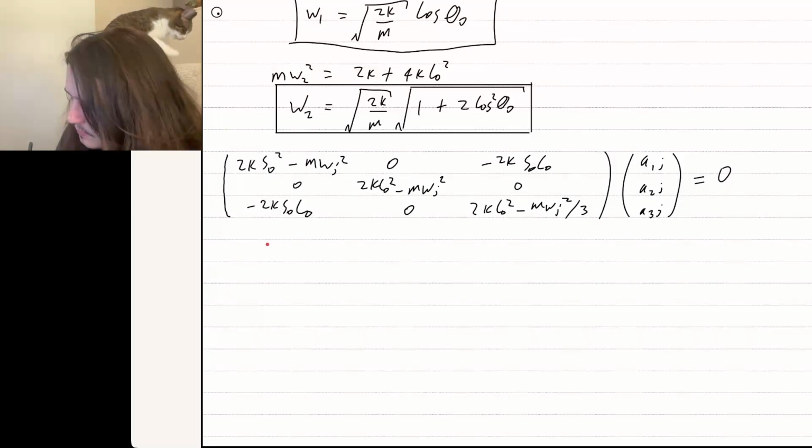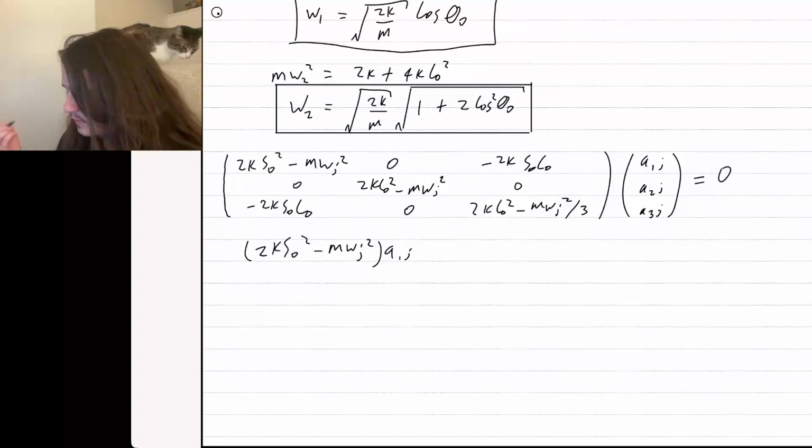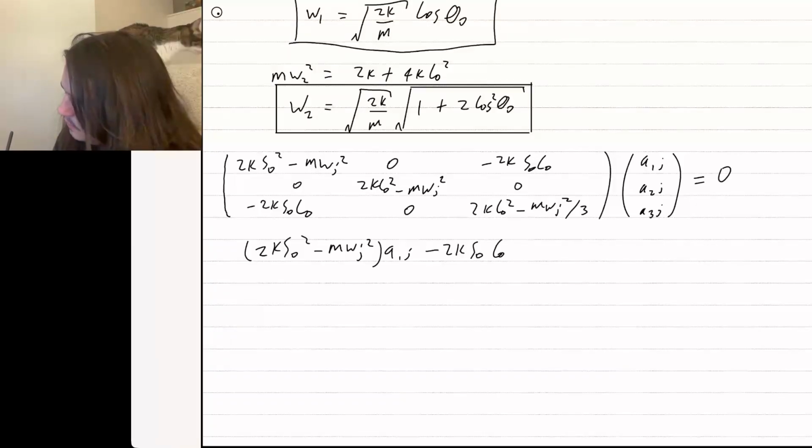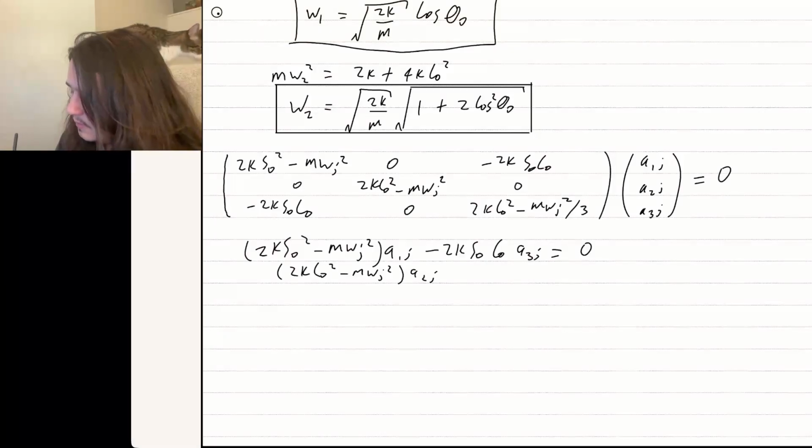So from this you can write 3 little equations just to break it up. So that's (2k s naught squared minus m omega j squared) all times a1j plus 0 minus 2k s naught c naught a3j is equal to 0. And then we've got 0 plus (2k c naught squared minus m omega j squared) all times a2j equals 0.